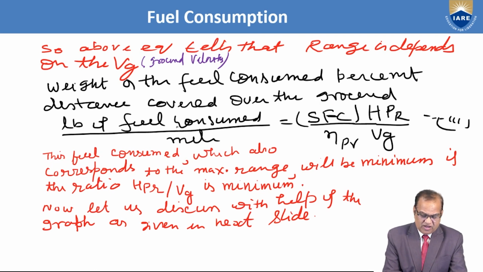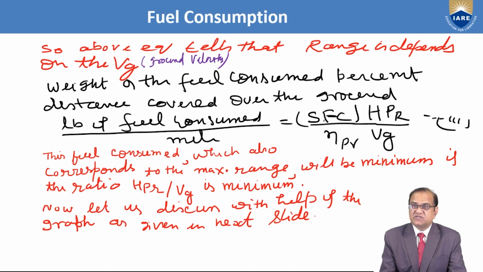So here, the weight of the fuel consumed per mile is equal to the specific fuel consumption times the horsepower of the propeller, divided by the efficiency of the propeller times Vg. So here Vg is important for the fuel consumption also.